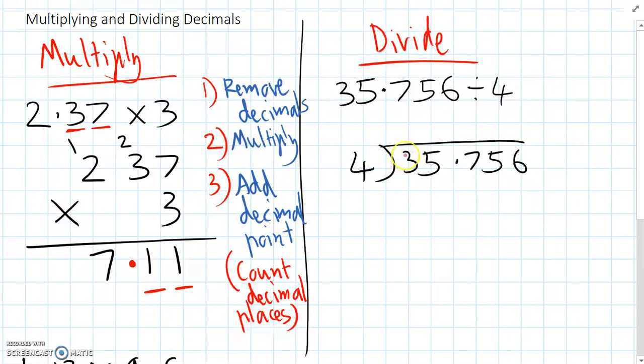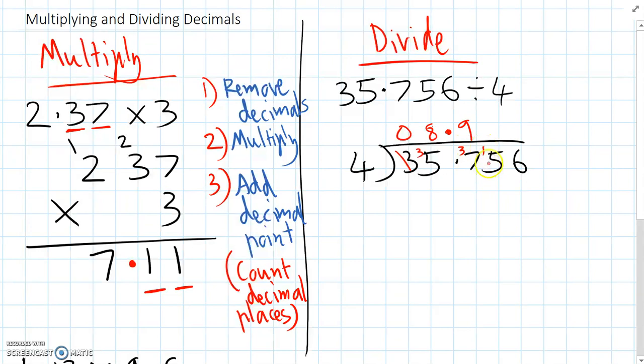How many 4s go into 3? We can't do it. So we'll carry our 3 to become 35. How many 4s in 35? We can do 8 with 3 remaining. And we carry across the decimal point, and the decimal goes up in the same place value. How many 4s in 37? We can do 9 with 1 left over.